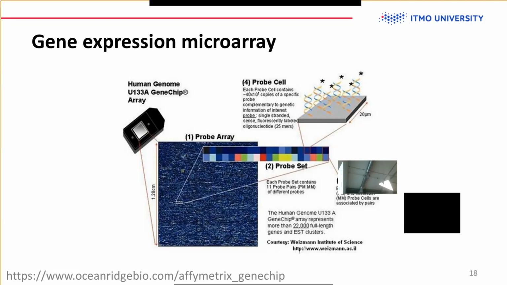You have your messenger RNA converted to cDNA, and this cDNA gets hybridized to these probes. If a lot of cDNA hybridizes to a probe, that represents initially high expression of this gene, and it will give higher fluorescence.